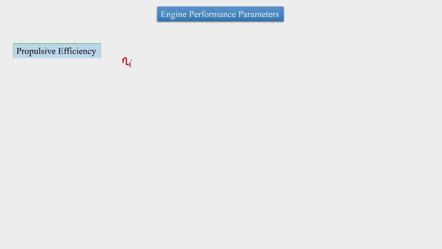Let eta P be the propulsive efficiency of the aircraft, and it is defined as the thrust power generated by the engine divided by the change in kinetic energy between inlet and outlet of the engine. So thrust power divided by change in kinetic energy is propulsive efficiency.